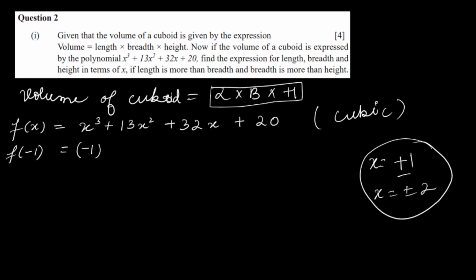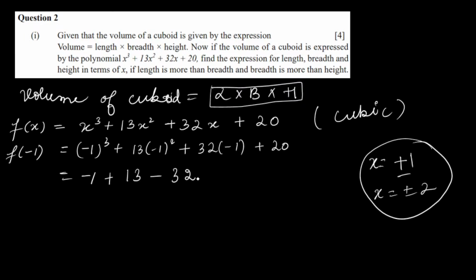So f(minus 1) is minus 1 whole cube plus 13 into minus 1 square plus 32 into minus 1 plus 20. The cube of a negative is negative, the square of a negative is positive. So 13 into 1 is 13, minus 32, because 32 into minus 1 is minus 32, plus 20.